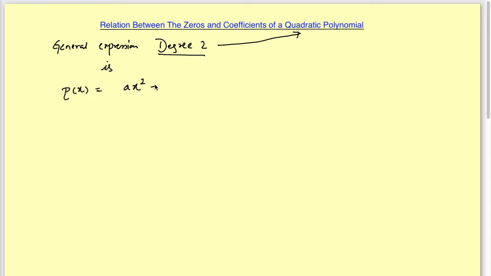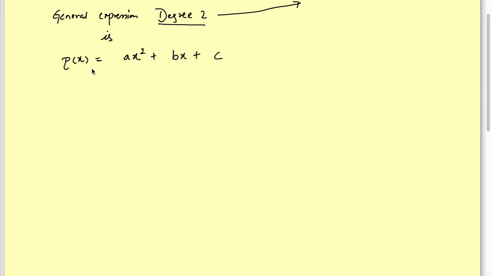So let me write down the general expression of degree 2, that is basically my quadratic polynomial. p of x is equal to a of x square plus b of x plus c.